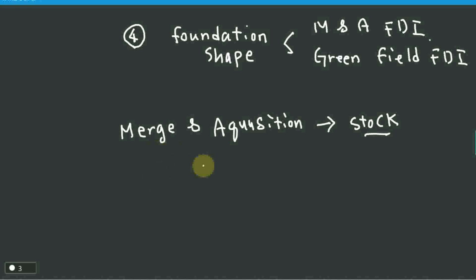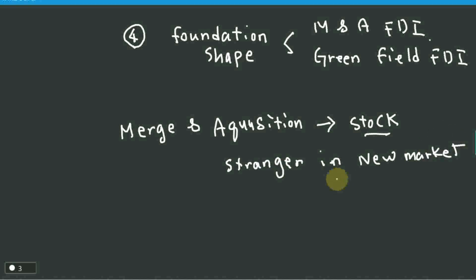For example, if you want to explore a new market and you have to run into their market, but you are quite strange in the new market, in this case you will spend lots of pouring cost.